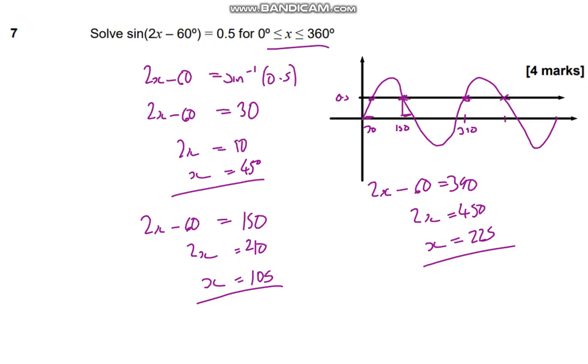Again, this one will be 360 degrees on from 150, and so that must be 510. So we've got 2x minus 60 is equal to 510, so 2x is equal to 570, and x is equal to 285. So that's again within the 0 to 360. So 4 possible answers for that one.